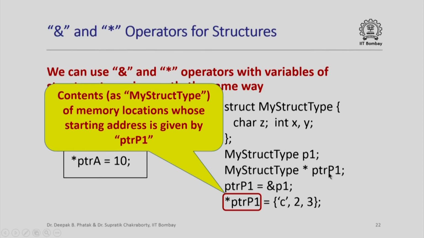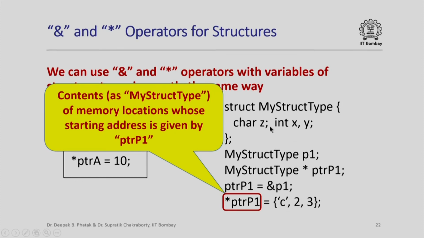Because pointer P1 is declared to be of type pointer to mystruct type, star pointer P1 should be treated like an object of type mystruct type, and we should treat the contents of the memory locations whose starting address is given by pointer P1 as being the value of an object of type mystruct type. So in this case, that object of type mystruct type is being initialized to C23.